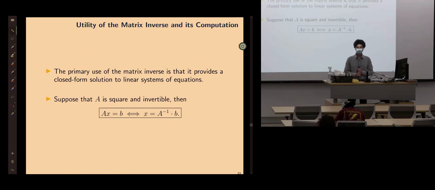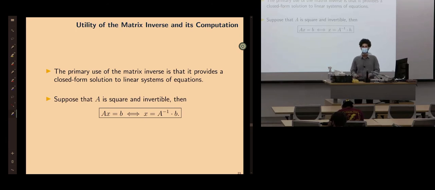Now, the utility of matrix inverse is that if we're dealing with a square system of linear equations, if I tell you AX equals B, you can have a closed form solution. Then X is A inverse times B, and then the problem is solved.